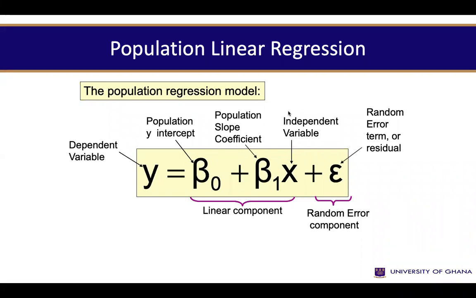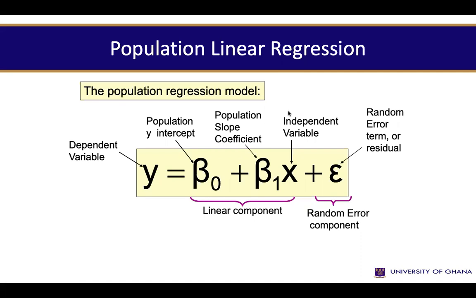If you remember your equation of a straight line, we used to say that y is equal to mx plus c, where m is the slope and c is the y-intercept. And then, of course, the y and x variables are shown in the equation.